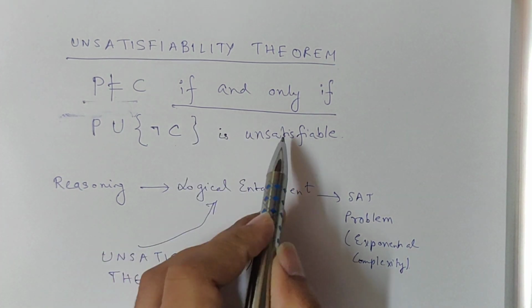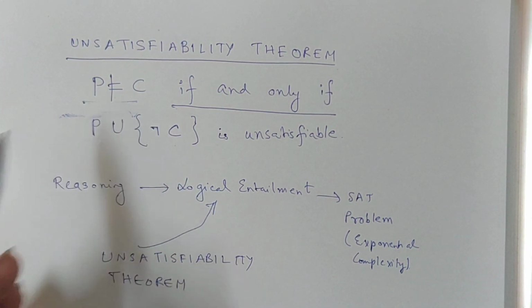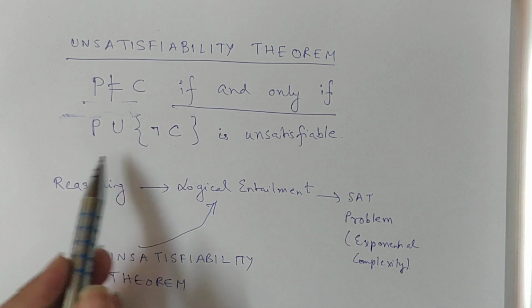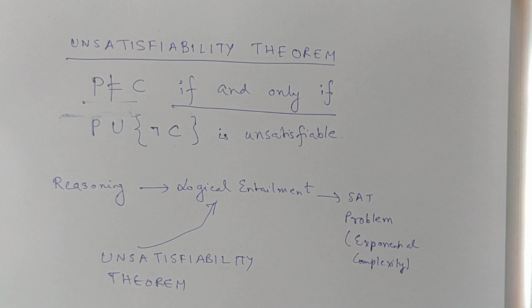As you can see, for finding logical entailment, we have to find if P union not C is unsatisfiable.